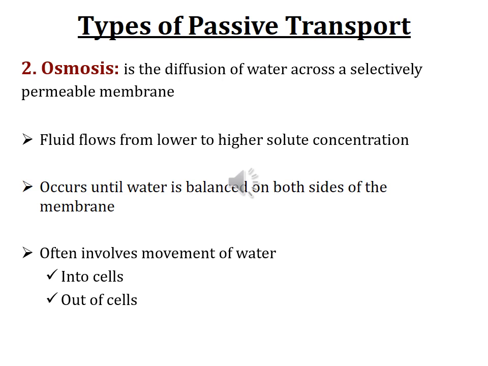Notice here, guys, the word solute. Water is not the solute, water is a solvent. So water moves from low to high solute concentration. This solute can be sugar, for example, to equalize the concentrations. This often involves movement of water into the cell or out of the cell, so it can happen in both directions.